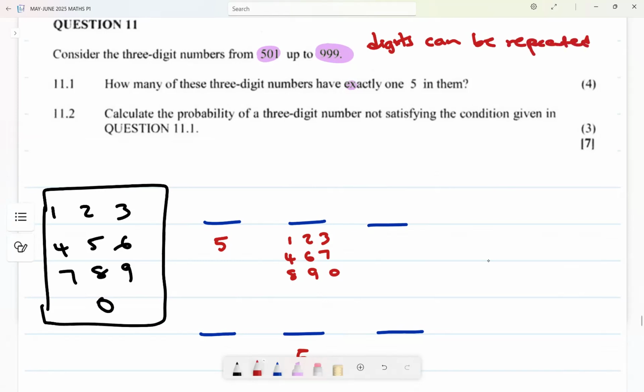Digits can be repeated, but except for 5. Why except for 5? Because I want my code to have exactly one 5.